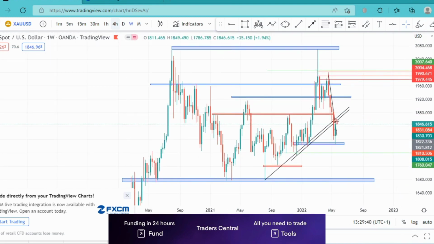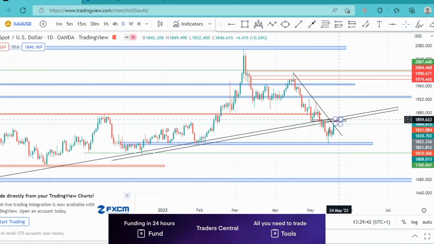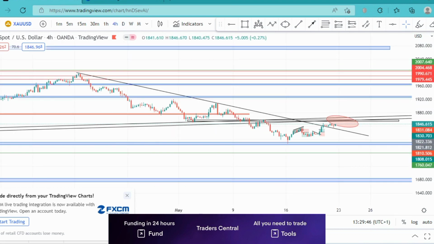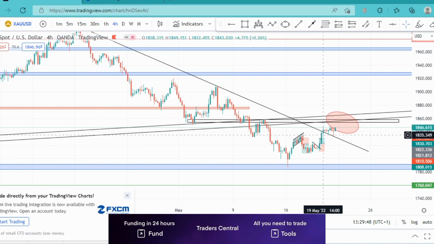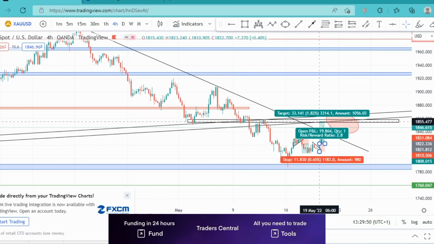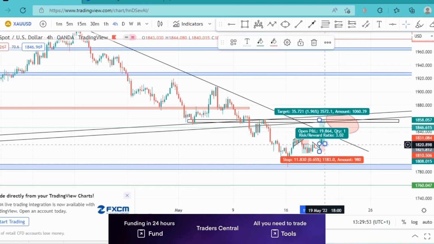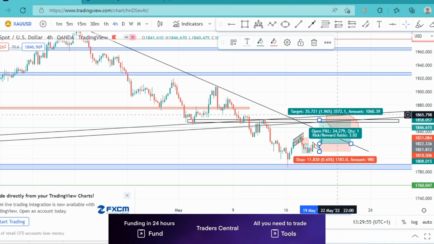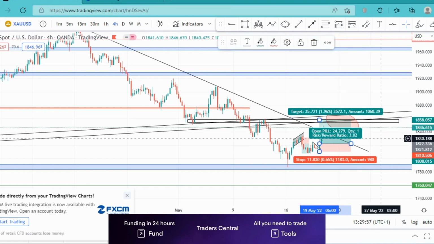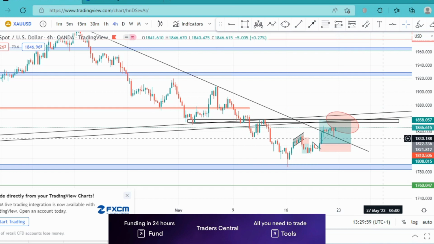Okay, and then we'll see how price reacts to this trend line on the daily time frame. So that's where I'll be looking to take my entry, or at least a partial entry on that move. So just somewhere around here, and looking to gain at least 350 pips on that move, currently around 240 pips.